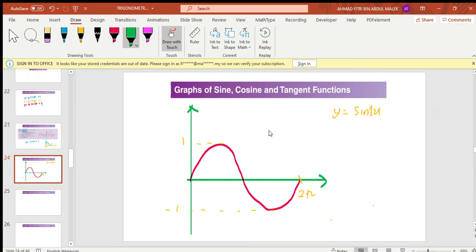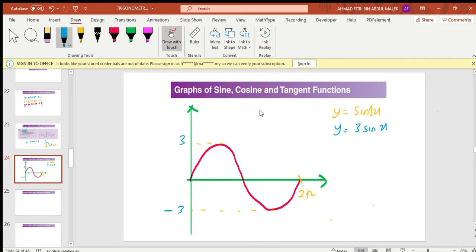Now if I want to draw y equal to 3 sine x, then I won't change anything, only the amplitude is different now. So you just change it here to 3 and negative 3 as a pair.